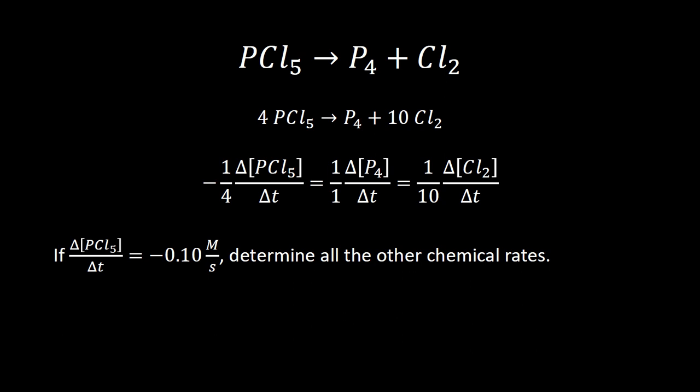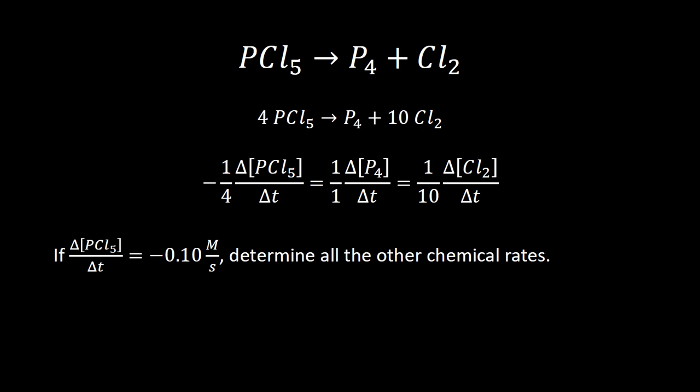Therefore, the average rates of change expression would just be -1/4 the rate of change of PCl5 equal to 1/1 multiplied by the rate of change of P4 with time equal to 1/10 times the rate of change of Cl2 with time.